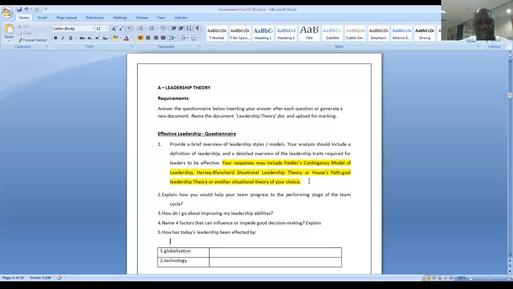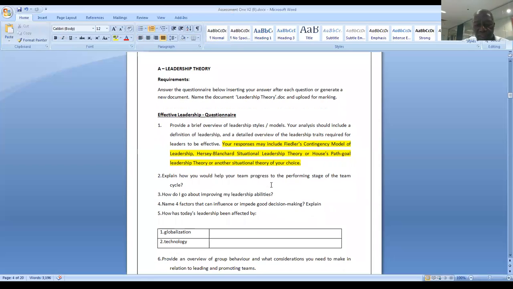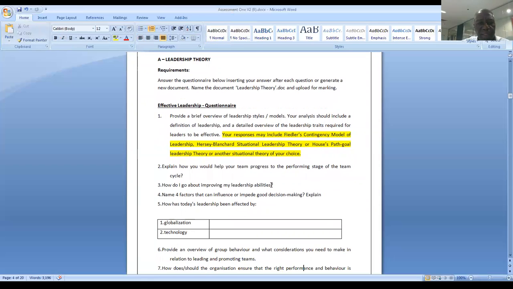Once you've done that, number 2, you're going to explain how you will help your team progress to the next stage of the team cycle. Here, you'll be using Tuckman's theory, which I will show you in one of the slides. That is basically for the team. Then, how do I go about improving my leadership styles? Name 4 factors that can influence or impede decision making.